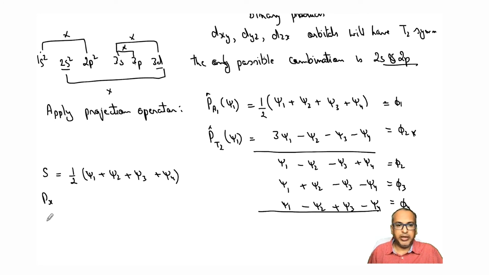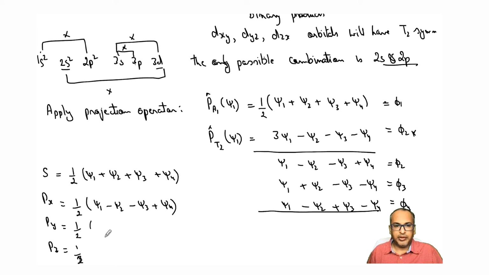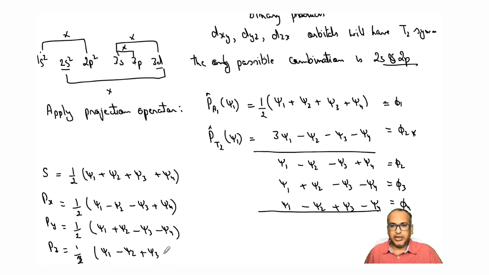Similarly, px, py and pz will have symmetries corresponding to the rest of the 3 phi's, with 1 by 2: psi1 minus psi2 minus psi3 plus psi4, then psi1 plus psi2 minus psi3 minus psi4, then psi1 minus psi2 plus psi3 minus psi4.